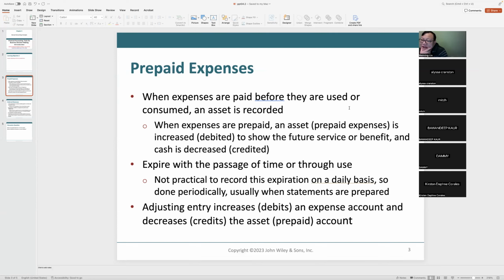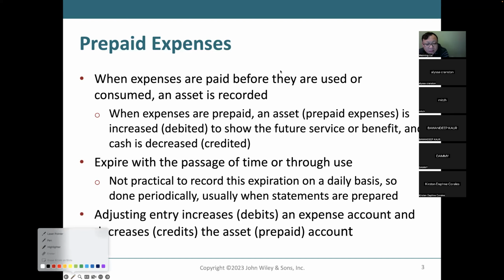So let's say I subscribed to a magazine. Each month is $100. So I subscribed to the annual subscription, times 12 months. So the annual subscription fee is $1,200.